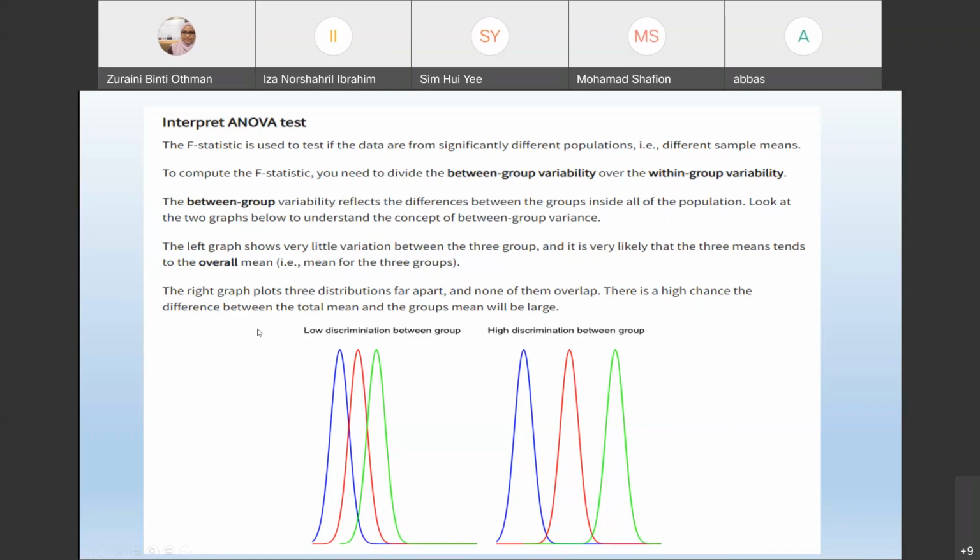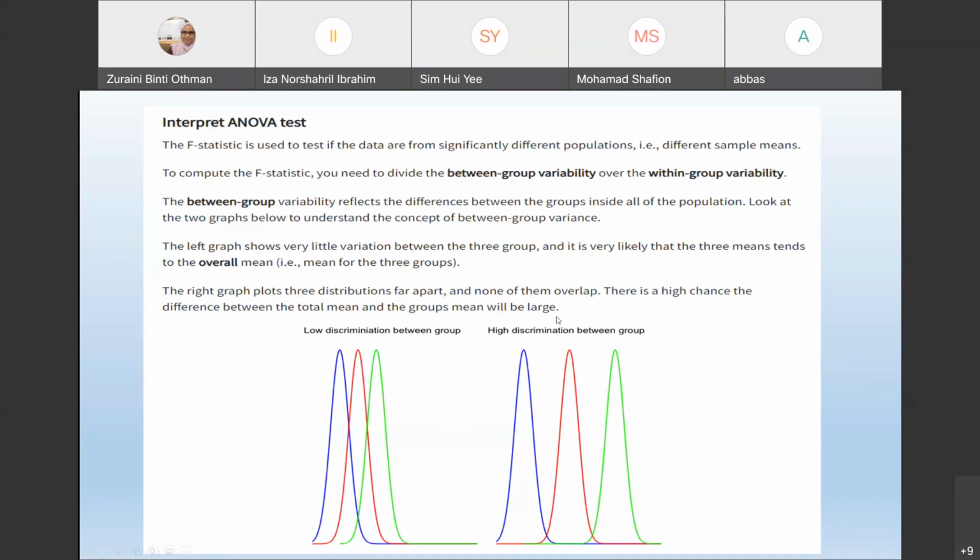Here the left graph shows little variation between the three groups. We have the blue, red, and green groups, and we can see that these three means tend toward the overall mean, meaning that if we calculate the means, they will not be much different from each other.